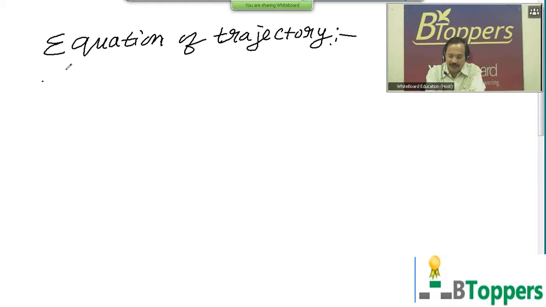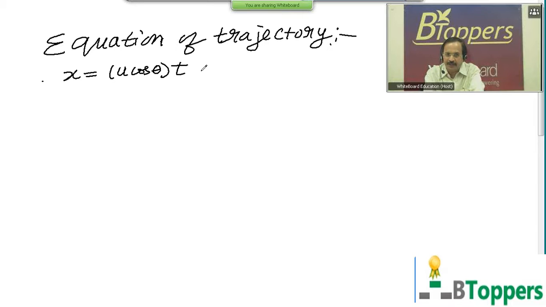So displacement in the horizontal direction in time t, in the case of oblique projection, is given by, as I discussed in the previous class, x equal to u cos theta into t. To find the equation of the trajectory in any example of two-dimensional motion in the xy plane, you have to find the equation relating x and y in terms of constants.